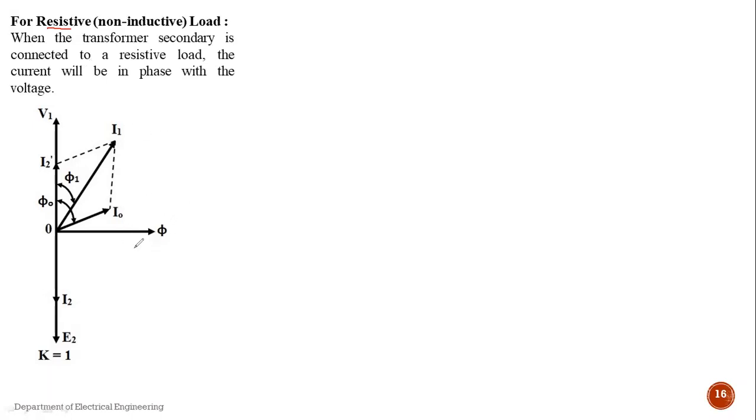While drawing these characteristics, consider phi as the reference phasor. Phi जी आहे ती reference phasor consider केली, that means here we can represent the flux phi. Now the secondary induced EMF we can draw here, that is E2. Since it is resistive load, I2 is in phase with E2, right?